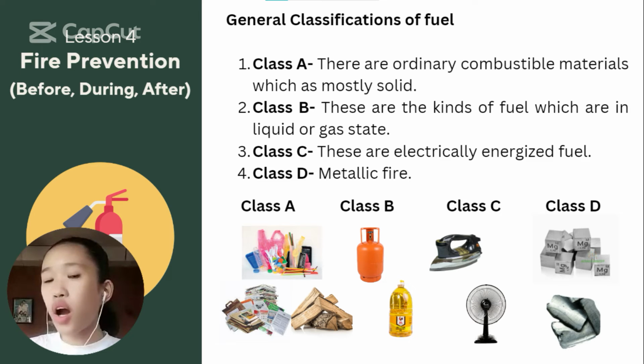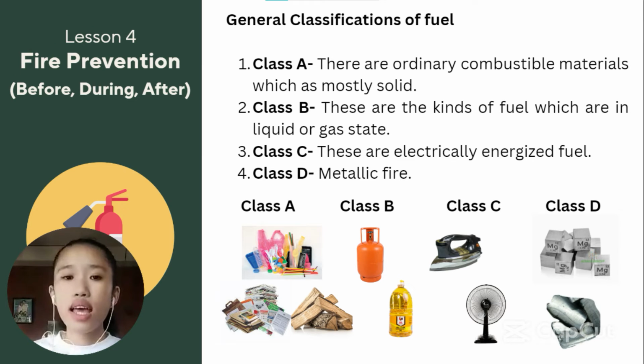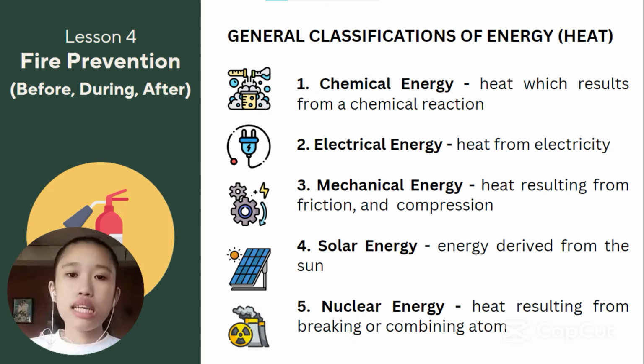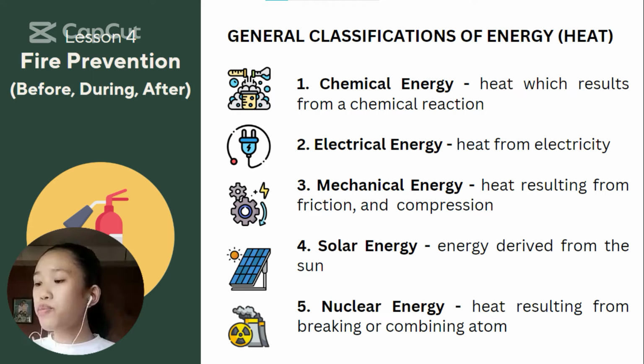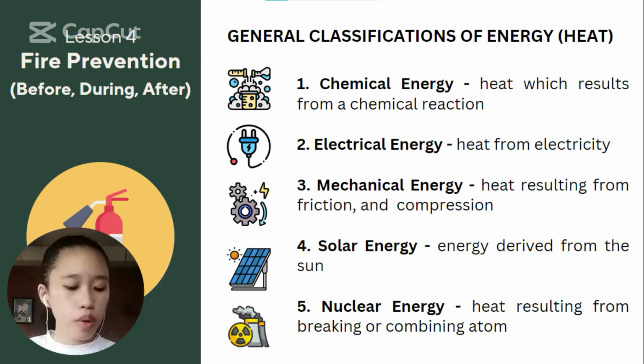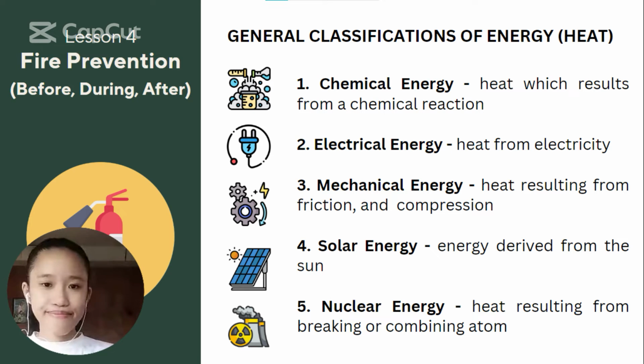Some examples are petroleum gas, oil, and LPG. Third, class C, these are electrically energized fuel, and the examples are electric fans, irons, etc. As you noticed, they are powered by electricity. And lastly, class D, metallic fire. Some examples are magnesium, potassium, and other combustible metals.